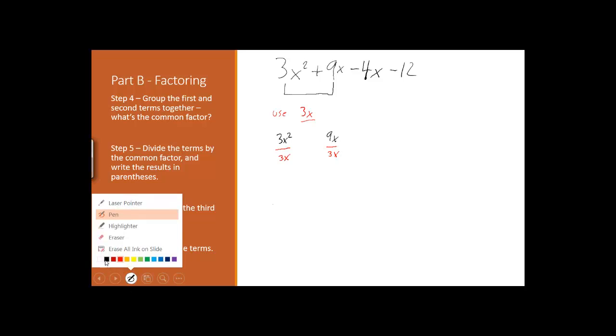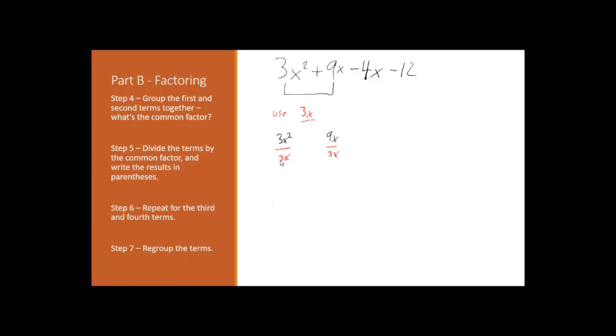Well, 3x squared divided by 3x, the 3's will cancel out, and x squared divided by x is just x. Now for the second term, 9x over 3x, the x's cancel out, and 9 divided by 3 is positive 3. Once again, be sure to include the sign. It's very important.